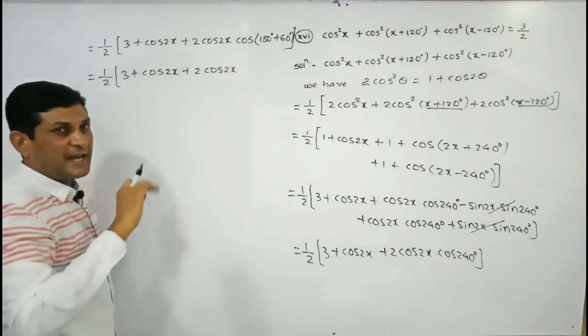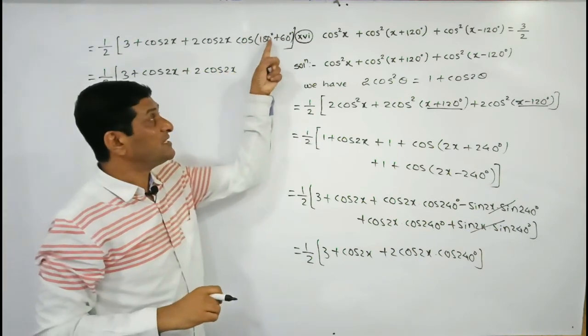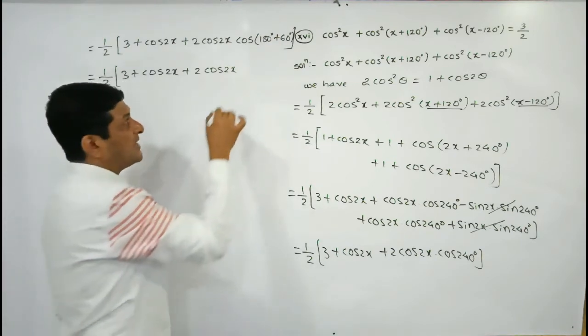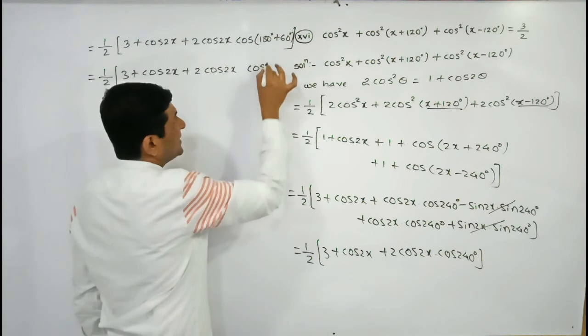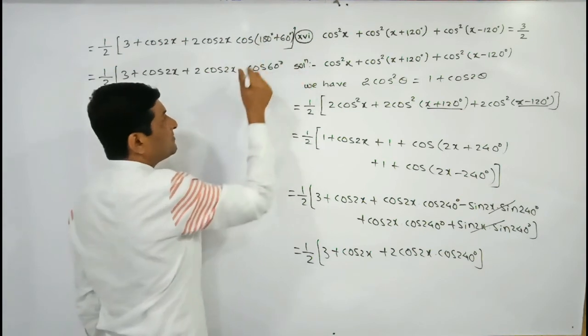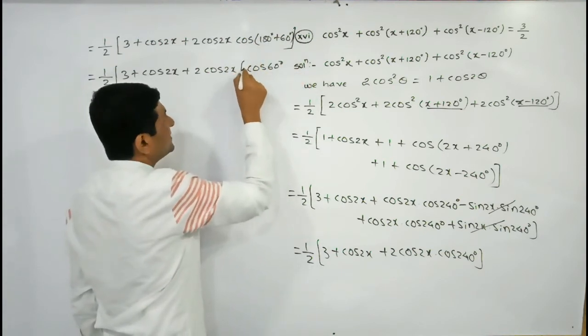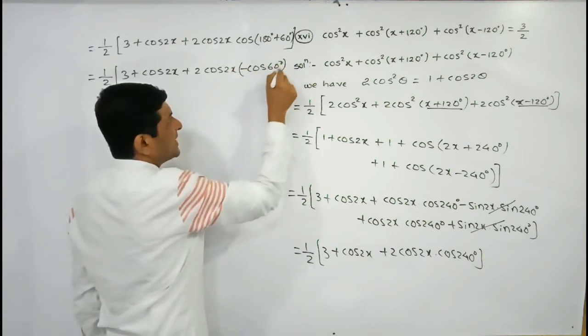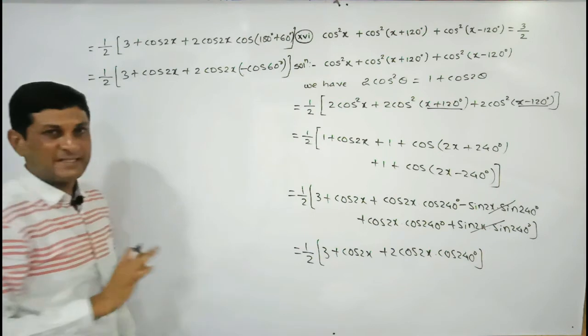But according to the allied angle formula, cos 180 plus theta, 180 means what? Pi, and if the first term is pi, the value of cos will be cos theta. Theta is what? 60 degrees. 180 plus means third quadrant, and in the third quadrant we know that the value of cos is what? Negative, means here we are getting minus cos 60 degrees.